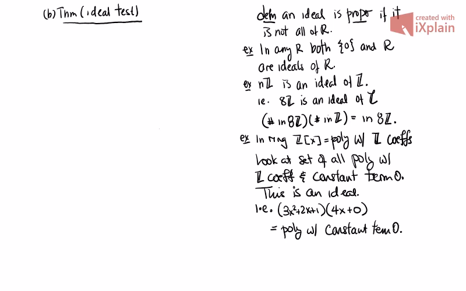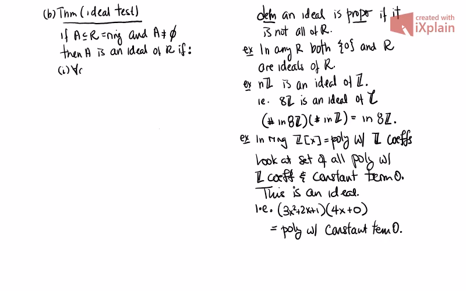So the ideal test says the following. It says if A is a subset of R, this is a ring, and A is non-empty, then A is an ideal of R if the following two things hold.